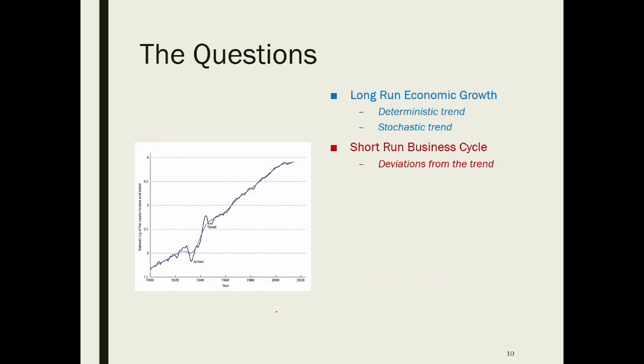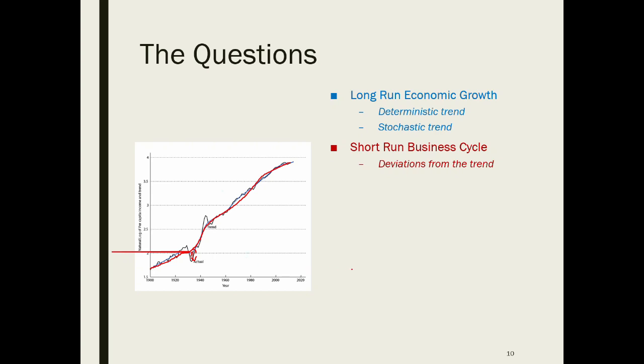To give you a bit more intuition of what we are talking about, let's look at the data. Long-run economic growth studies why the blue trend of aggregate variables like GDP changes over time and across countries, while short-run business cycle studies why deviations from the trend are sometimes positive and sometimes negative, or booms and recessions.